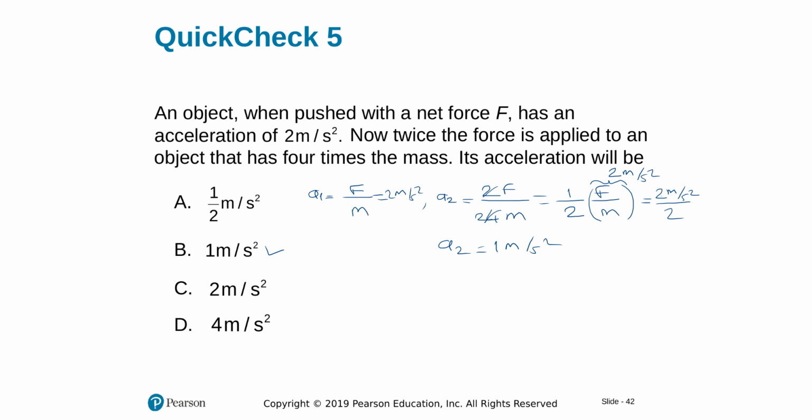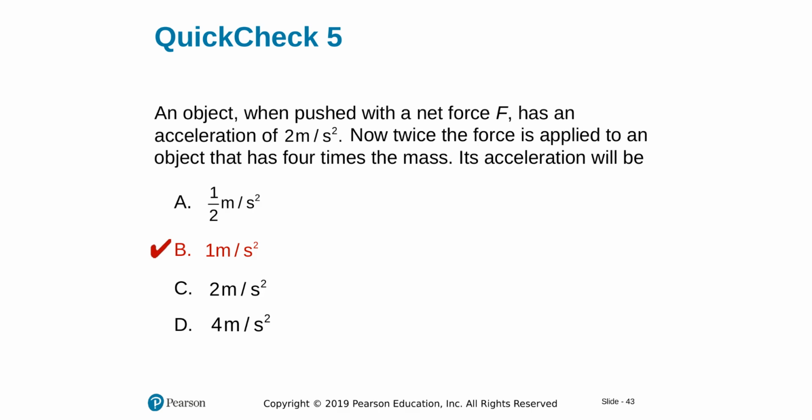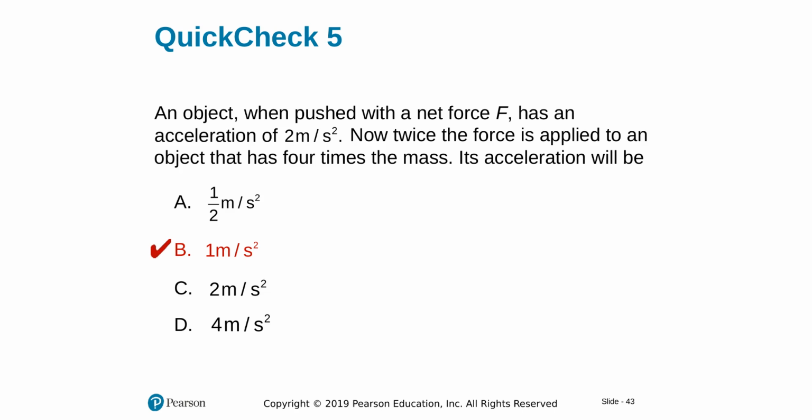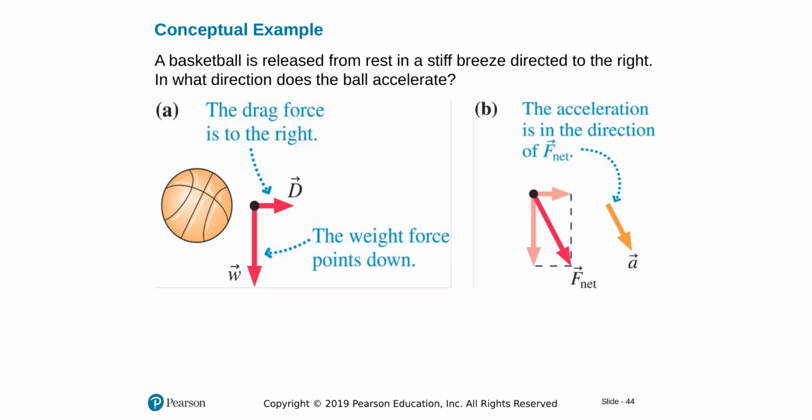So first I increase the force, the acceleration becomes twice larger, 4 meters per second squared. Then if I increase the mass as well, that will divide it by 4, it will be 1 meter per second squared. So I can also get the same answer logically. But if you are confused and you can't go by logic, just do the simple calculation here. So the answer is B.